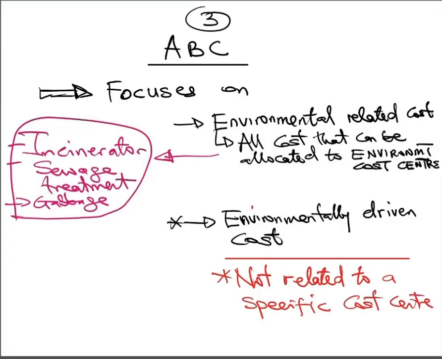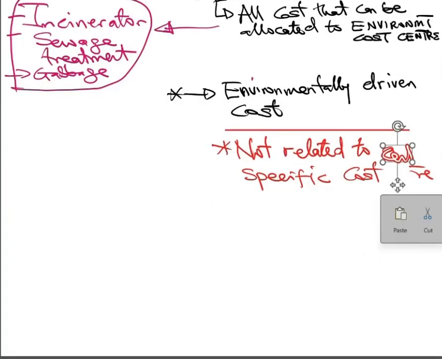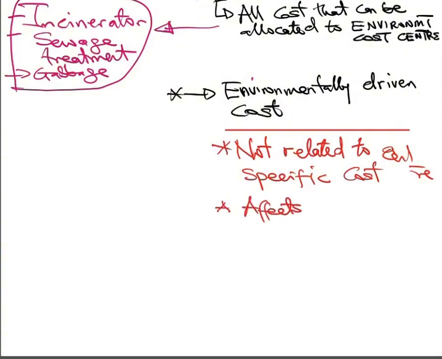Which means it might be incurred by anything in any way. But what we know for sure is that incurring this particular cost affects the environment. Every time we spend that cost, we are impacting the environment. So it affects the environment whenever the cost goes up.